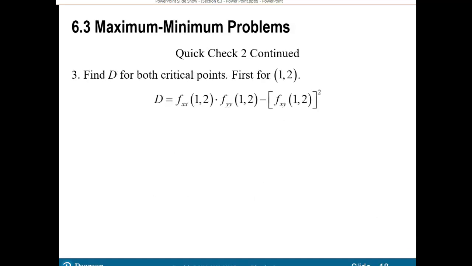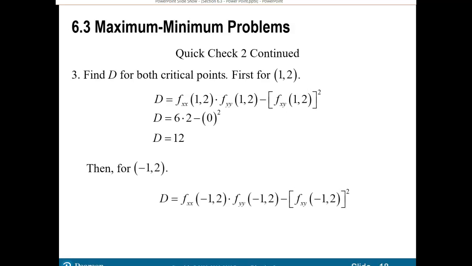Okay, so for the first one, that's the formula for D with the first ordered pair (1, 2) plugged in. So 6 times 2 minus 0 squared, which is 12. Then for the other one, this one's negative 6 times 2 minus 0 squared.